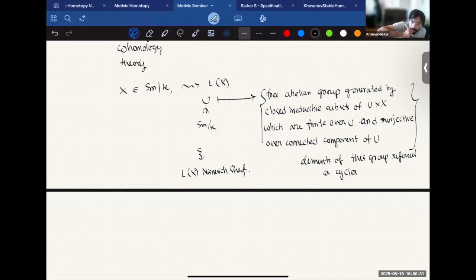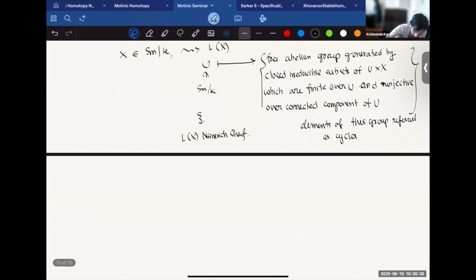So this is how you can view that as an element in pointed motivic spaces. This is the functor that we are trying to focus on, this L functor.